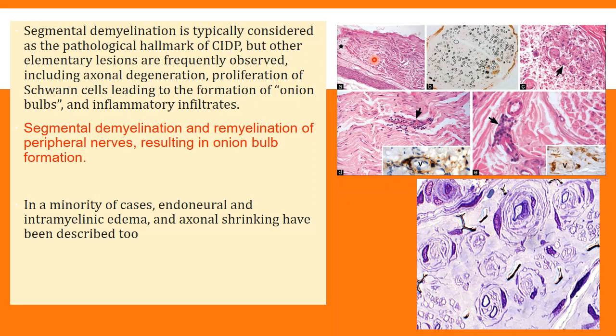And there will be characteristic axonal degeneration. Okay, proliferation of the Schwann cells, as you can make out. There is a lot of proliferation of these Schwann cells, which results in the characteristic formation of these onion bulbs.